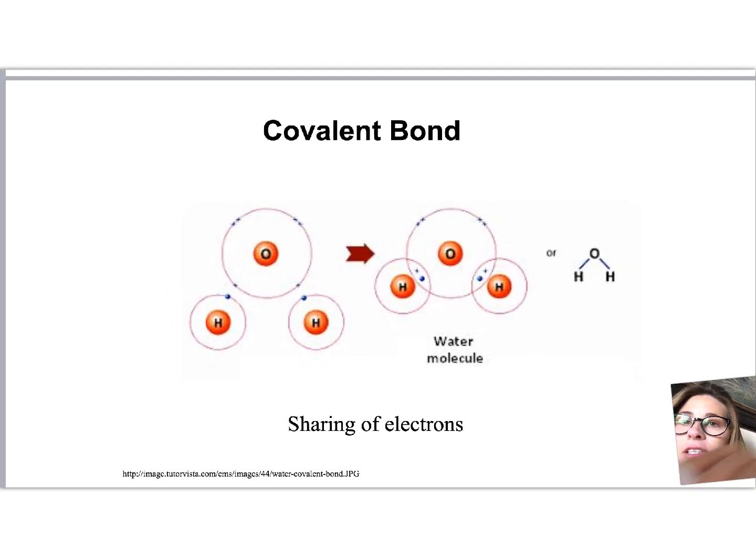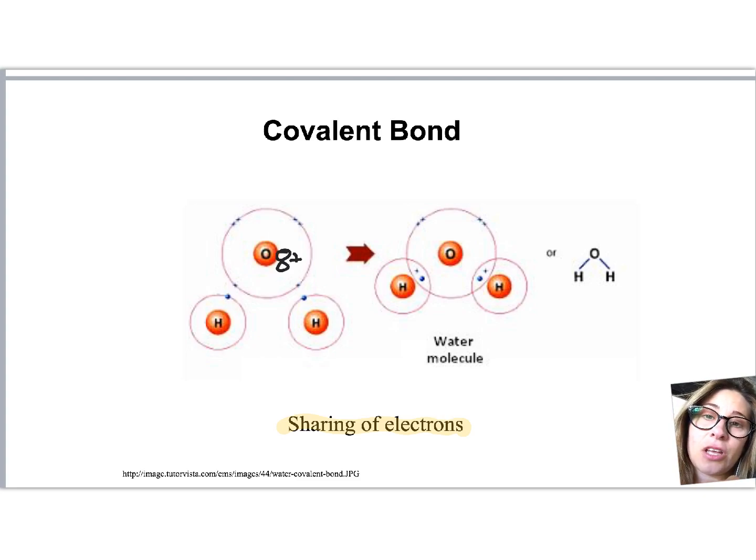A covalent bond is the sharing of electrons, right? So they are sharing electrons. They're not stealing from each other. They kind of have a joint custody arrangement. So what happens here is this is oxygen. Oxygen has 8 protons, but it usually only has 6 electrons on its outer shell as a result.